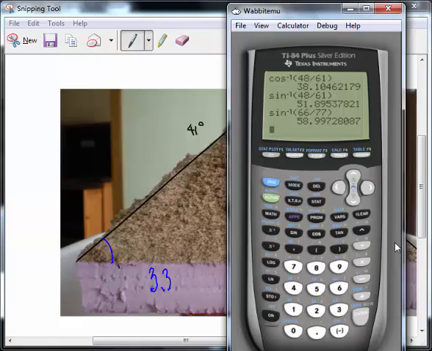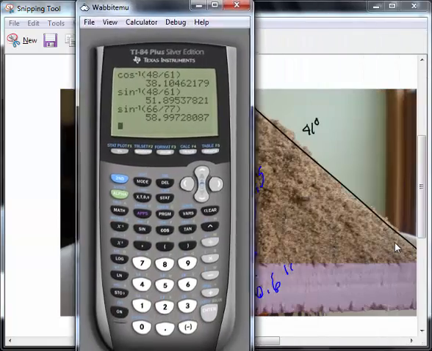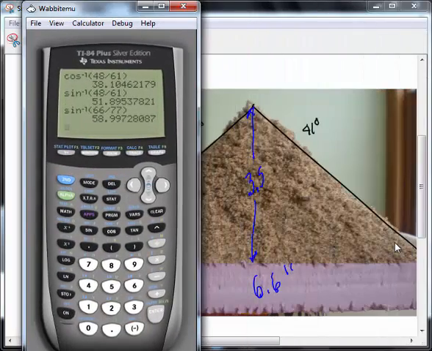So we can measure and see if that is indeed the size of our angle. What are those two sides in relation to that triangle? It's the opposite and adjacent, so that would be the tangent. So second function tangent, opposite is 3.5, divided by adjacent, 3.3, and we get 46 degrees.